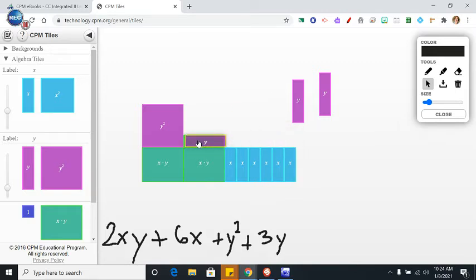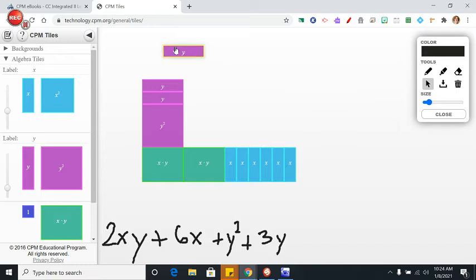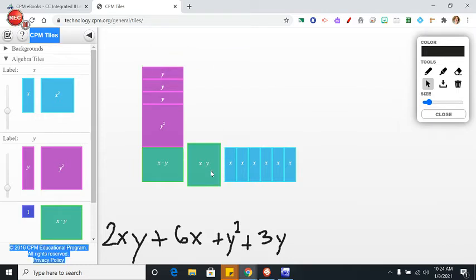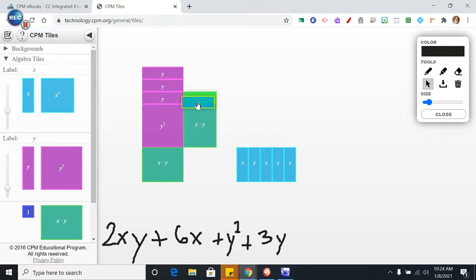Let's see, we gotta make a rectangle. Okay, I think these have to go over here. And let's see if I bring this over here and then just do this. Is this gonna work?